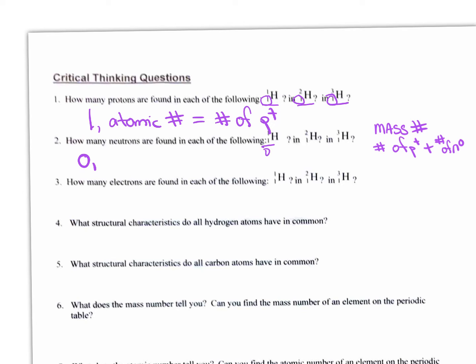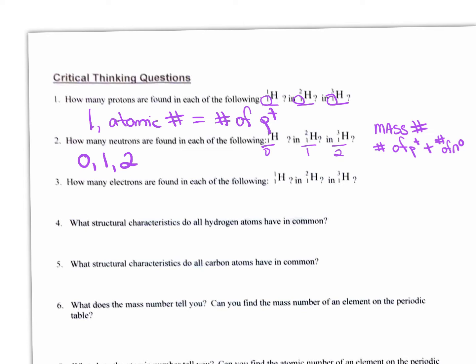The second one is 2 minus 1, and that would be 1. The third one is 3 minus 1, which would be 2. So the first isotope has 0 neutrons, the second one has 1, and the third one has 2. If you look at your diagrams, count the gray dots. The first box doesn't have a gray dot, the second box has 1, and the third box has 2. But I also did it mathematically because we're not going to have boxes to look at and dots to count.